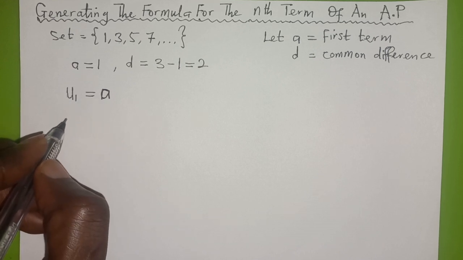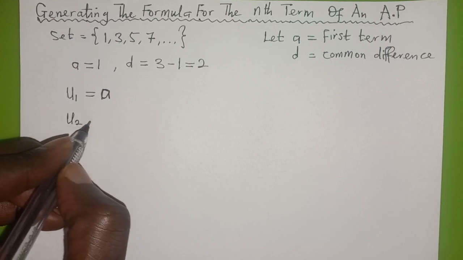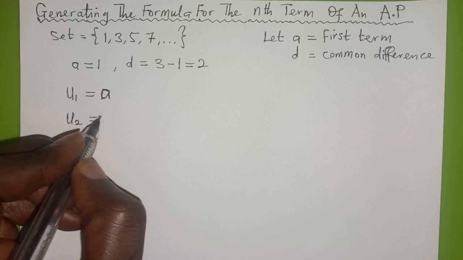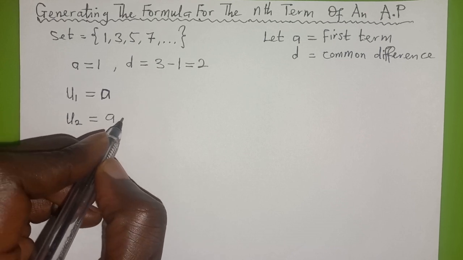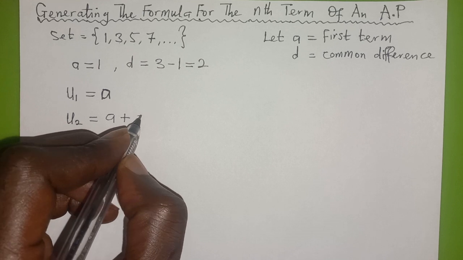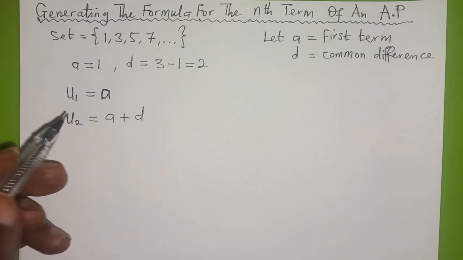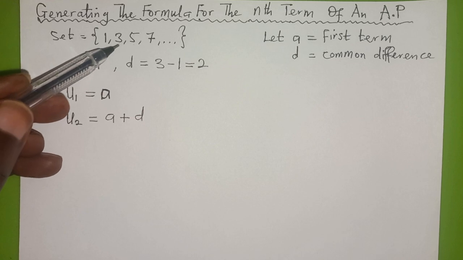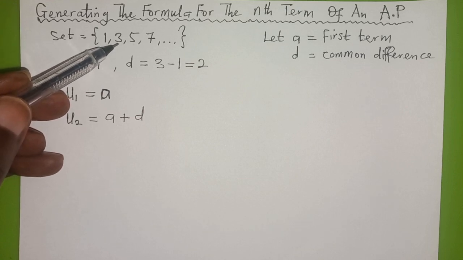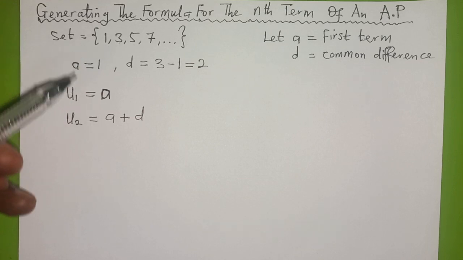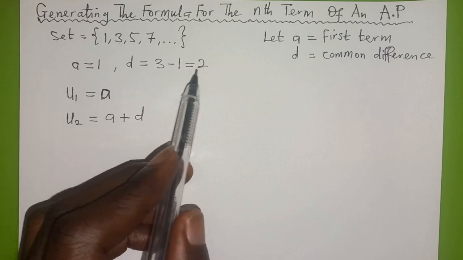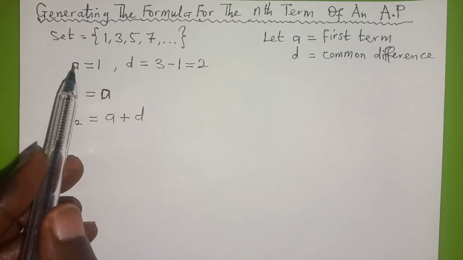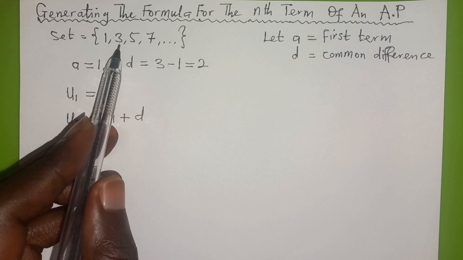Our U2 is equal to A plus our common difference. Now, what this simply means is that if we have our first term to be 1, and we want to find our second term, which is 3, what we are going to do is add our common difference, which is 2, to our first term, which is 1, for us to get 3.